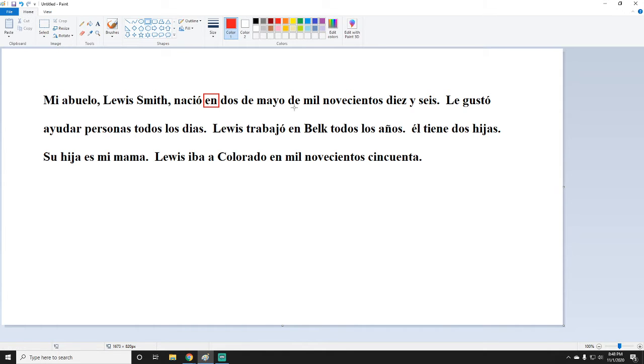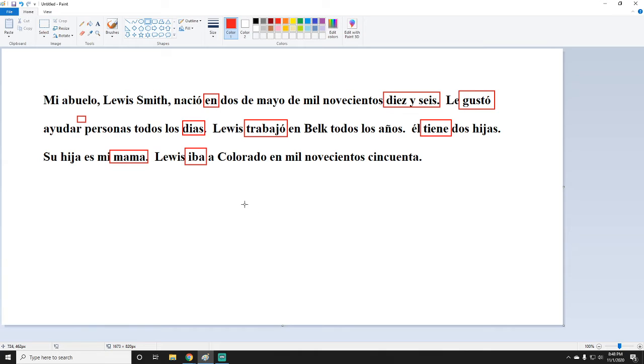En 2 de mayo de 1916, le gustó ayudar personas todos los días. Luis trabajó en Belk todos los años. Él tiene dos hijas. Su hija es mi mamá.